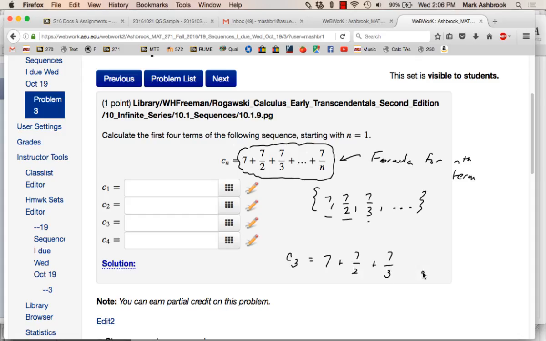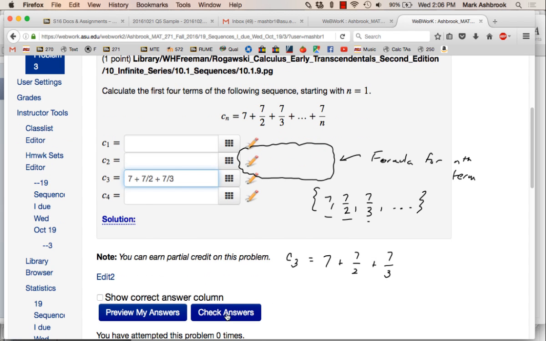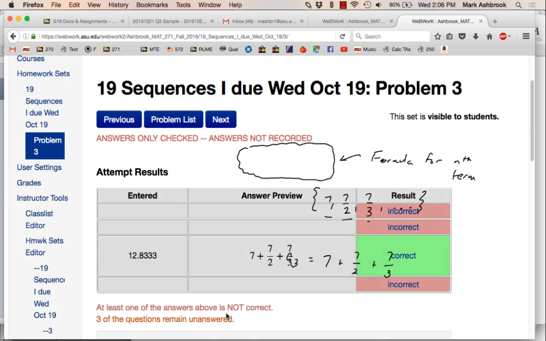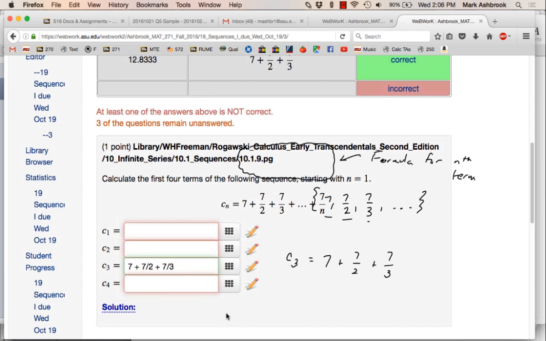And remember, in WebWork, you can put in expressions, right? So you don't have to do any simplification. You can just go 7 plus 7 over 2 plus 7 over 3. Let it be your calculator for you. So we got it.